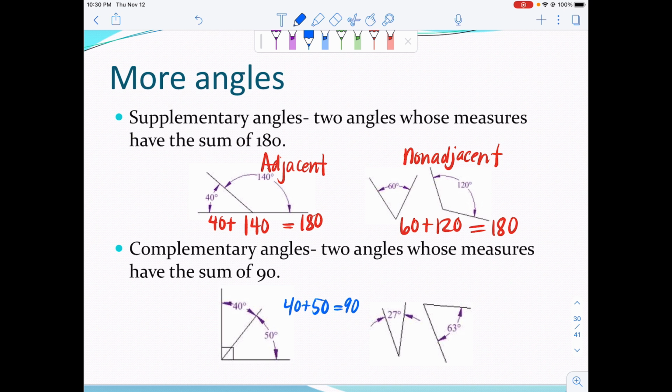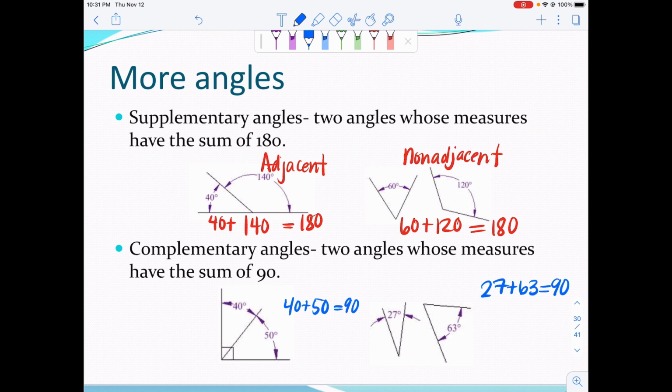So these two angles are going to be called supplementary. They come in pairs, and we need to make sure that we refer to them as a pair, as a set. So the next set, you'll see again 27 and 63. Well, once again, you'll see that 27 plus 63 is going to equal 90 degrees.